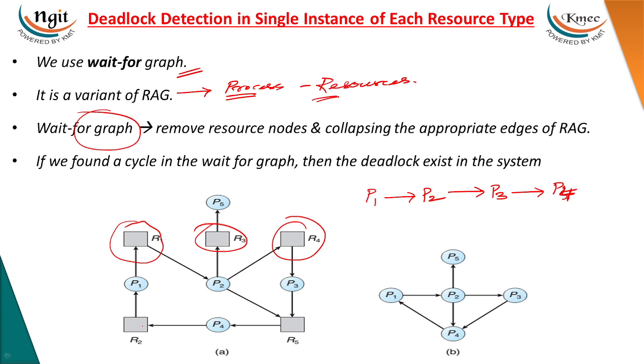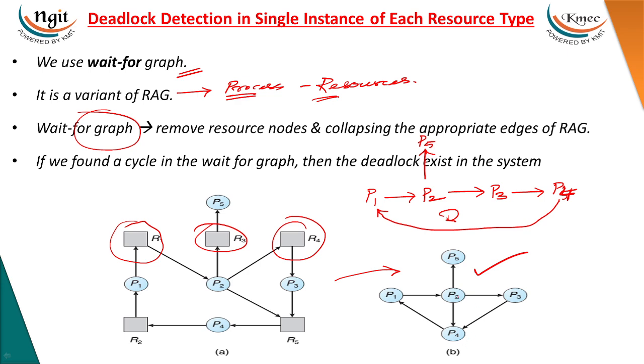Then P4 to R2, R2 to P1, so this will become P4 to P1. So there is a cycle here, and there is one more, that is P2 to R3, R3 to P5, so it will become P2 to P5. So this will be our wait-for graph. If we draw it like this, we will get this particular graph.